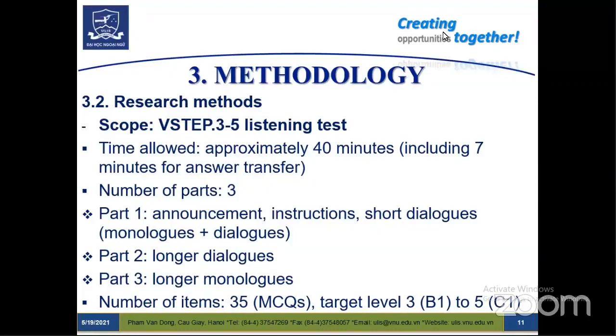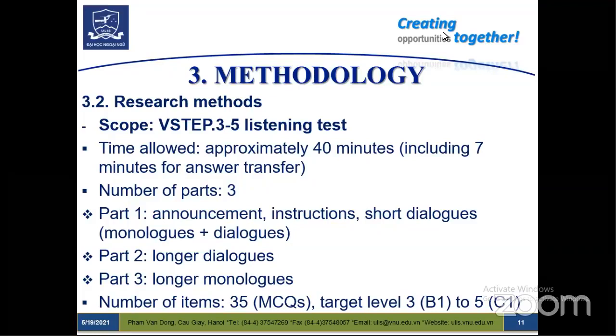There are three parts of the test. The first one has 8 questions, including 8 announcements, instructions, or short dialogues, which refer to kind of very short information. Each announcement or instruction goes with 1 question. In the second part, we have longer dialogues that include 12 questions with 3 dialogues.